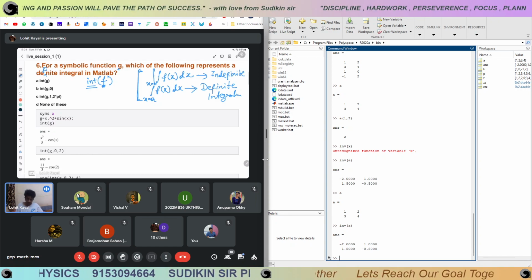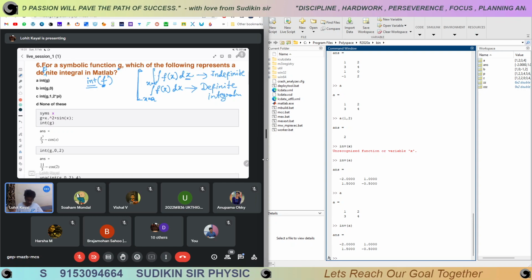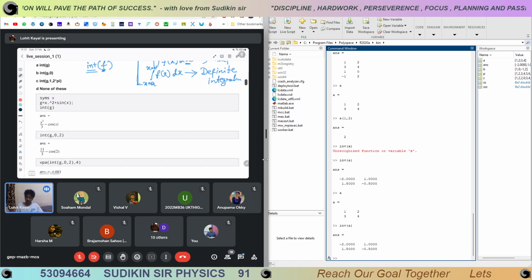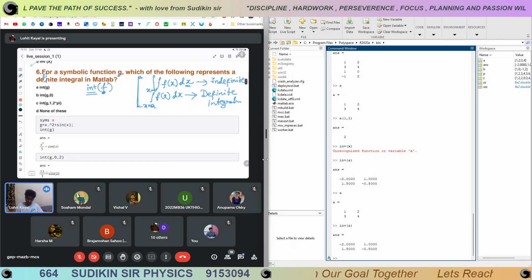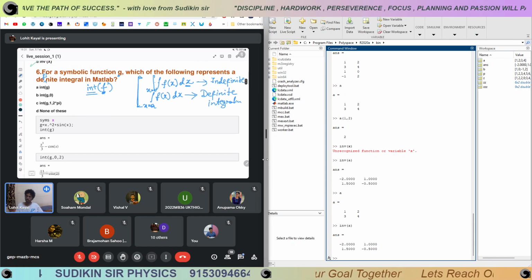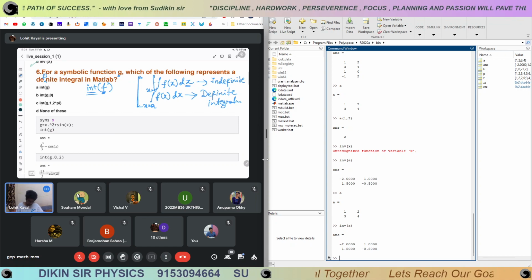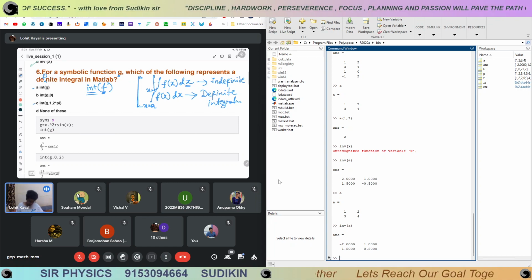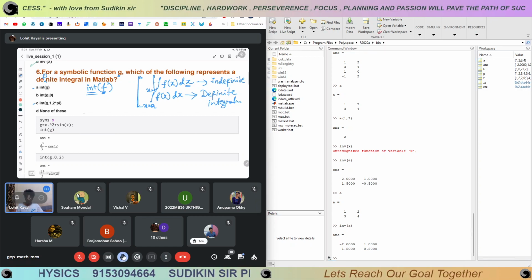Now you have to previously define the independent variable x this way: syms x. Here I have written it in terms of g. If g is a function of x only, you can just write int of f and it will give you the result. Now this is a valid thing. Now let's go here: int g, 1 comma 2 pi.